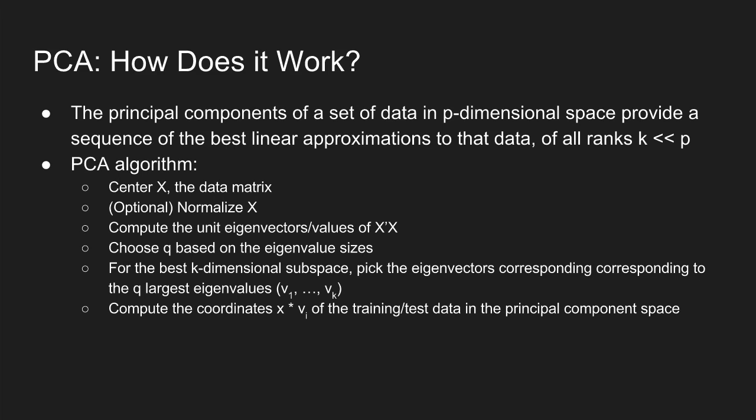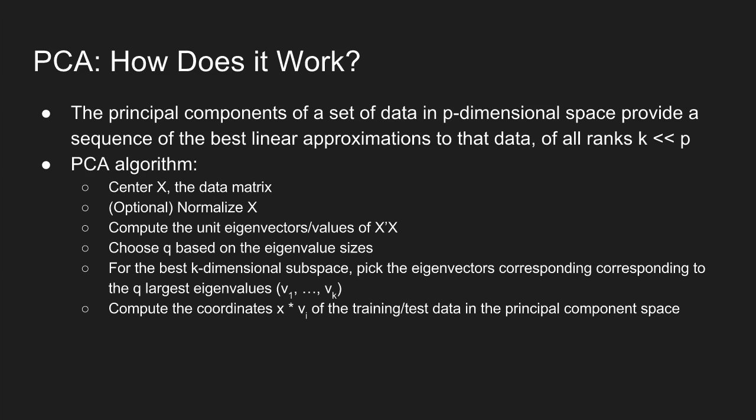But if all my data is on the same scale, then I probably would not need to. After that, I want to compute the unit eigenvectors of X transpose X, using some kind of built-in eigenvector solver in Python or your favorite programming language.